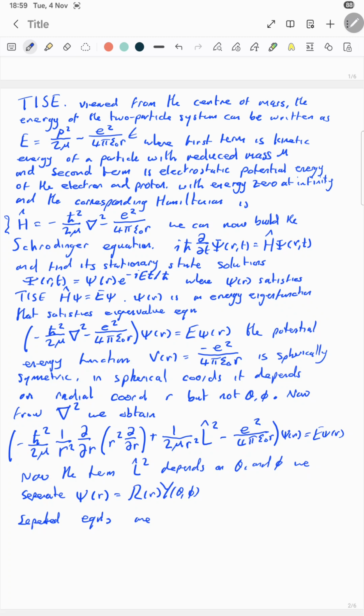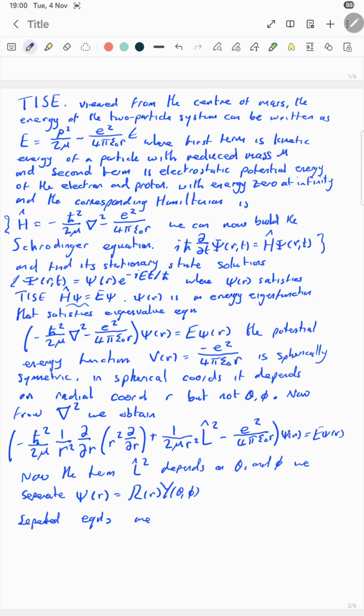We can now build the Schrödinger equation here and find its stationary state solutions, where a psi of r satisfies the time-independent Schrödinger equation, and it is an eigenfunction that satisfies the eigenvalue equation.